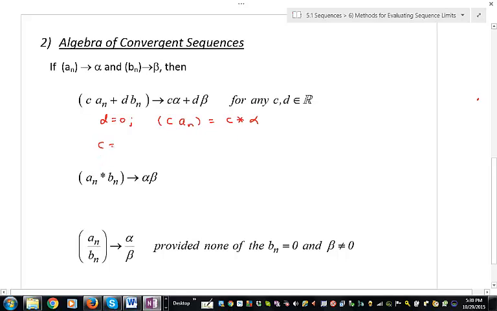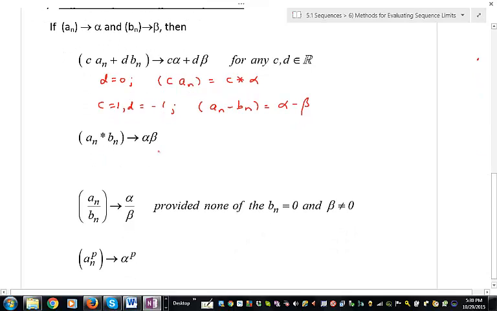And if we let c be equal to 1 and d be equal to -1, we see that this tells us about the difference of two convergent sequences. Okay? It also tells us about the product of convergent sequences, which is very useful.